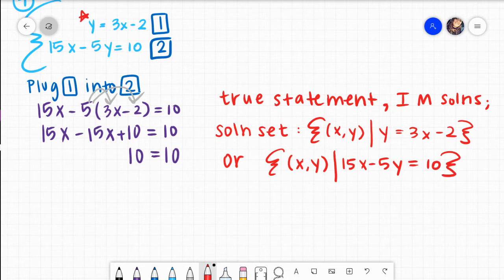If you notice here, y'all, this is just equation 1, and this is just equation 2. So if you have infinitely many solutions, your solution set can say that your point can come from equation 1 or your point can come from equation 2. And because 10 is 10, it is a true statement.